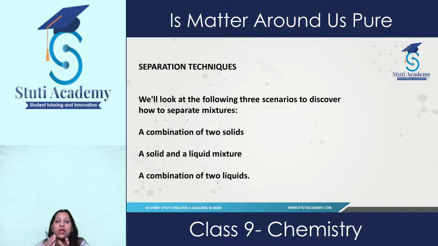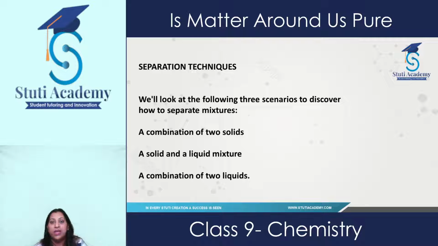And if we follow this method of separation of mixtures, there are different characteristics on the basis of which we choose these techniques. And what are these bases? First is what type of components are present in a mixture. On the basis of that, we'll choose a particular technique.